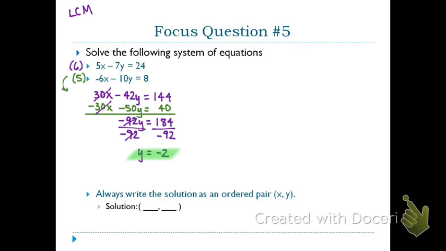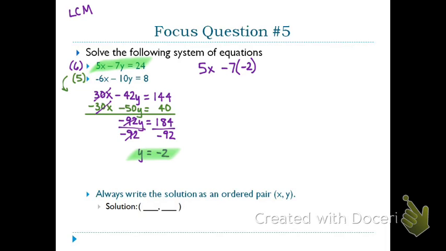Now, going back, looking at whichever equation we want, I'd say let's plug it into the top. Again, we're plugging in for y. So we have 5x minus 7, and we had negative 2.